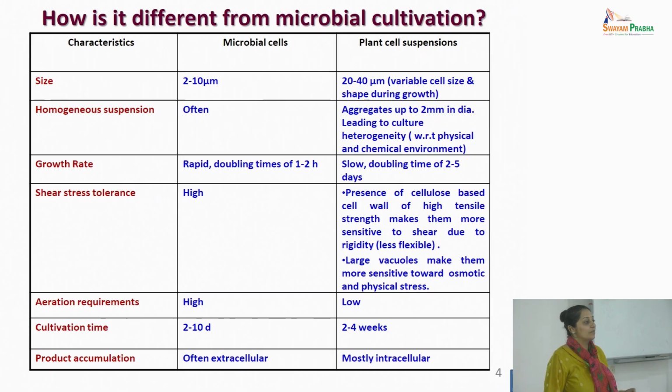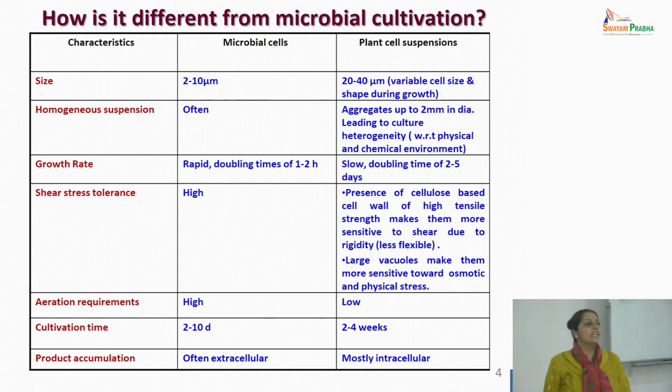So the ease has to be looked into, because once you have finalized the process at the lab scale, at the pre-pilot scale, you cannot keep changing. Everything has to be designed keeping in mind that you are going to have it at the production scale.